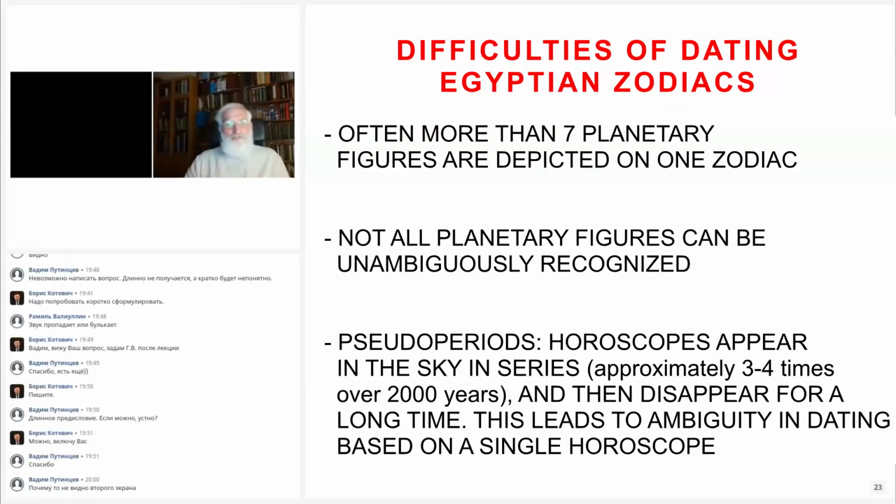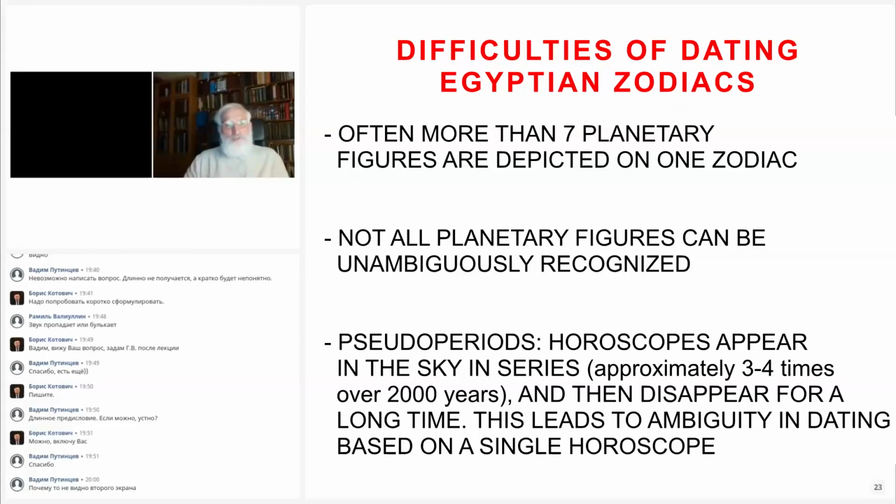Based on their considerations, they proposed a range to astronomers in which they needed a date. Astronomers tried to calculate what date in the given historical range corresponds to the images in the zodiac. But they never succeeded. Everything turned out poorly, not as drawn. Therefore, with this dating they had a lot of trouble.